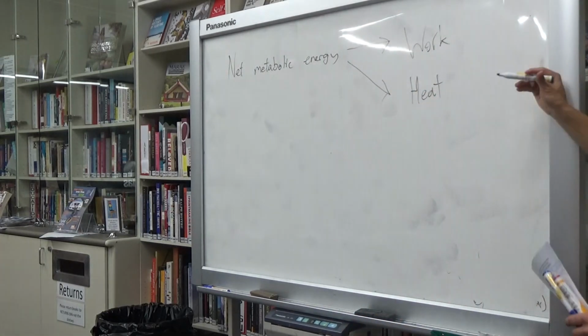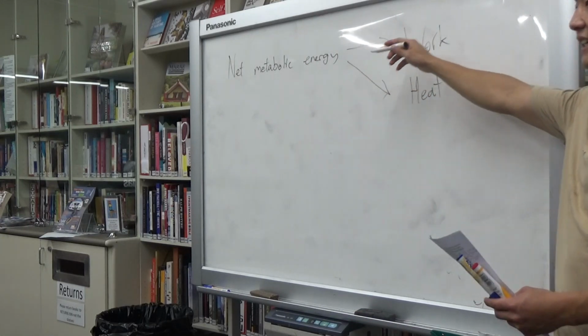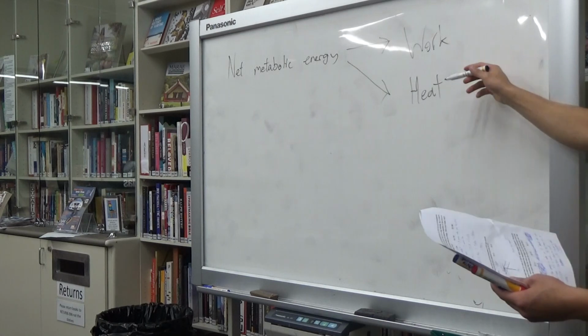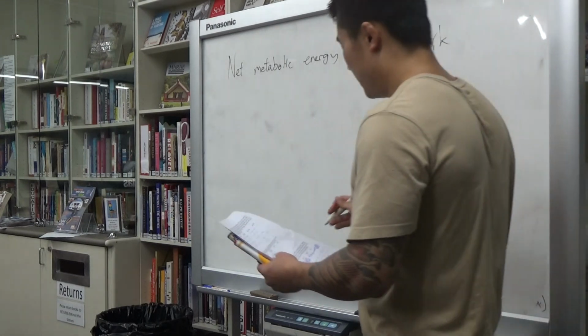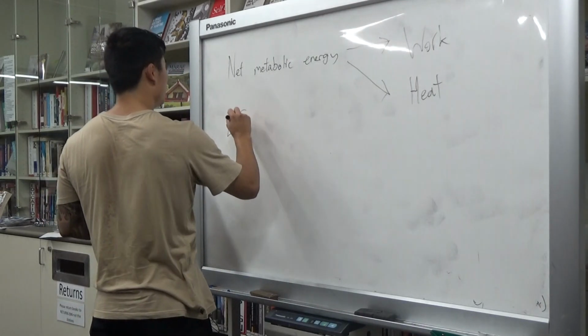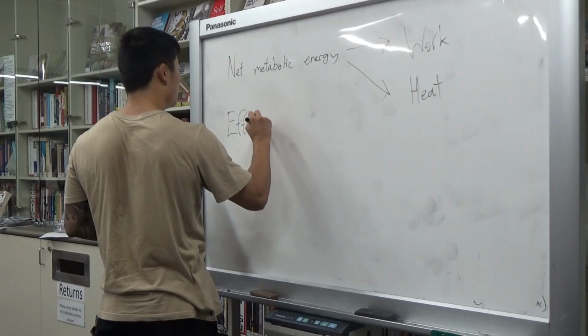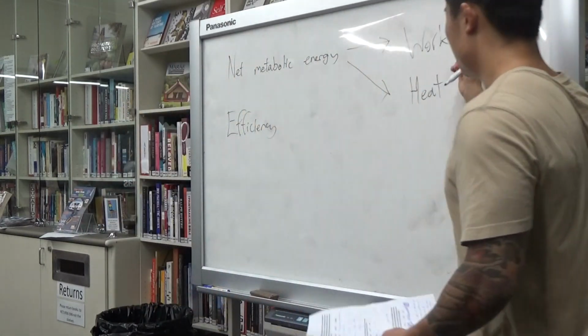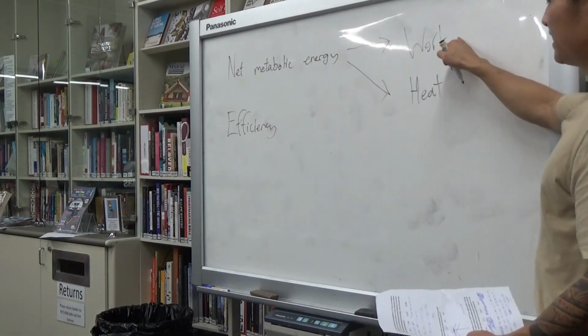So in Physics 191, if you have energy, it can only become work or it can only become heat, all right? So that means that, and what efficiency tells you, efficiency tells you how much of your energy is turned into work.